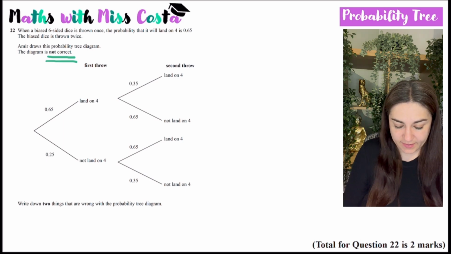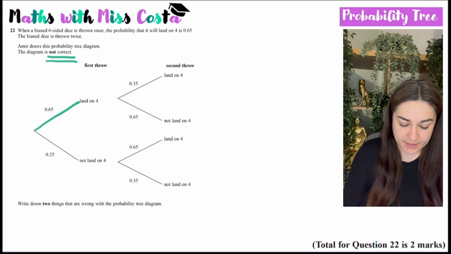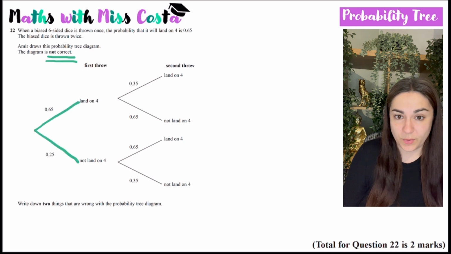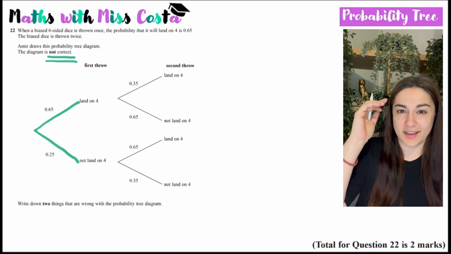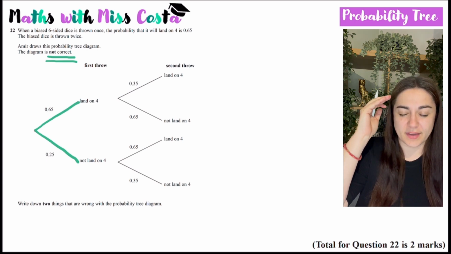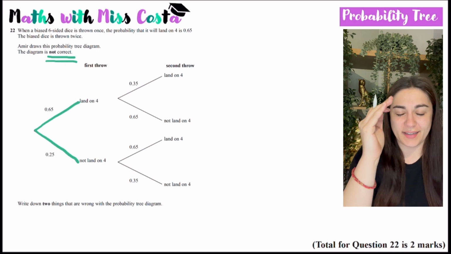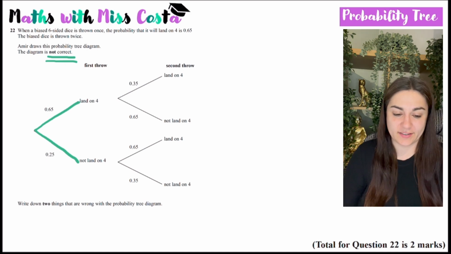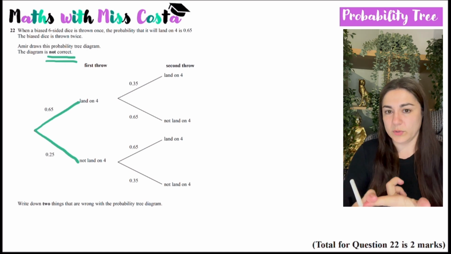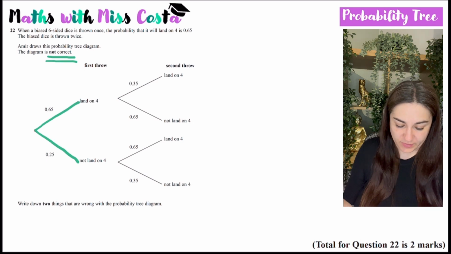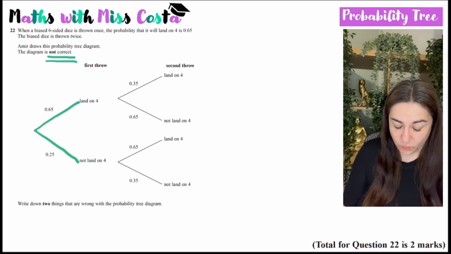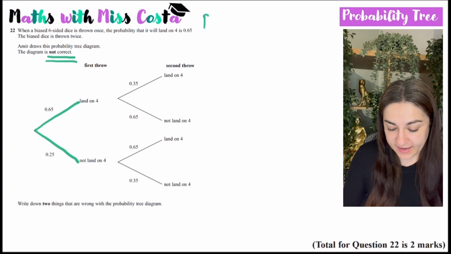So the first thing about a probability tree diagram, and just probability in general, when you've got mutually exclusive events, which means two things that cannot happen at the same time. So for instance, the dice can't land on a 4 and also land on a 5. It can only land on one side at once. So the probability that it lands on a 4 or not lands on a 4 must add to 1.